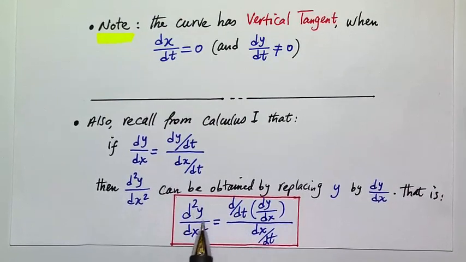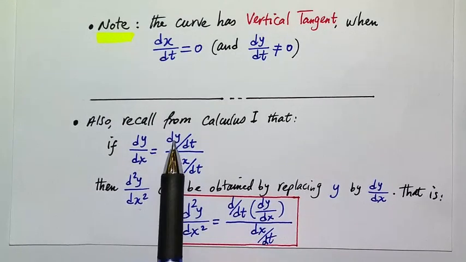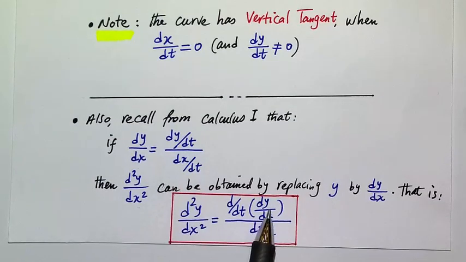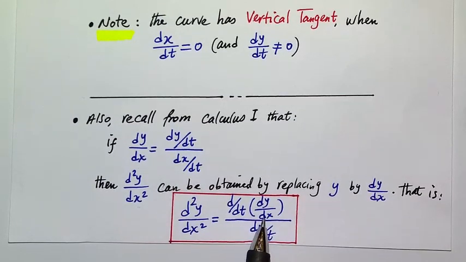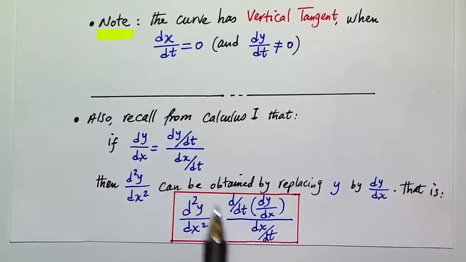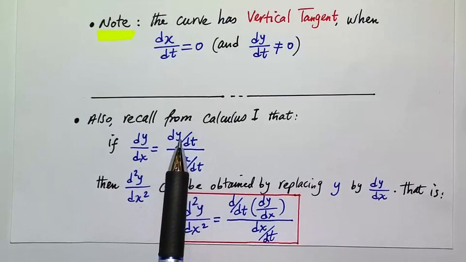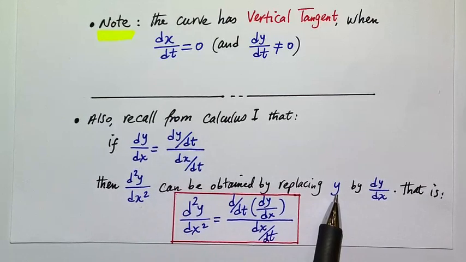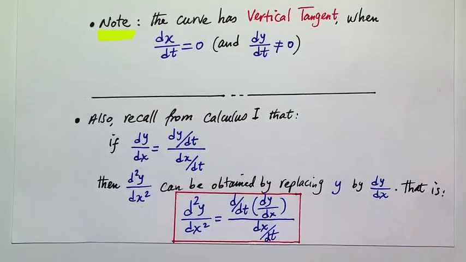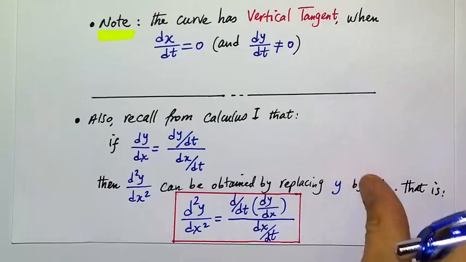So d squared y over dx squared is: take the derivative of, replace this y with dy/dx, and the denominator stays the same. It's just divide by dx/dt again. But just replace the y with dy/dx, as I've shown in this box. We will apply these in problems that come up.